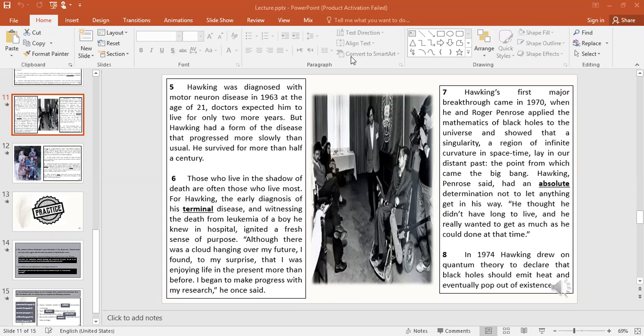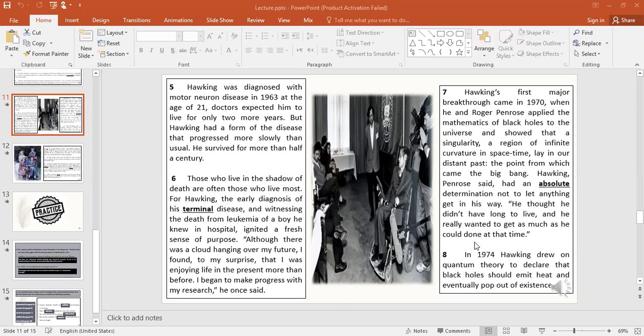Okay, so in 1974, he discovered something called the black holes, and he said that these black holes emit heat, and he believes that these black holes emit light. Okay, so this was the quantum theory. The name of this theory that Stephen Hawking discovered is the quantum theory, and it happened in 1974.